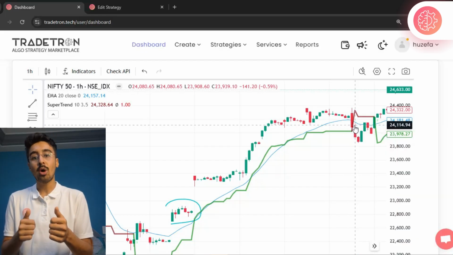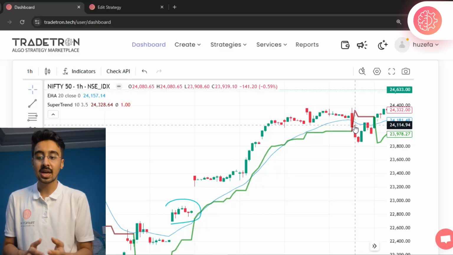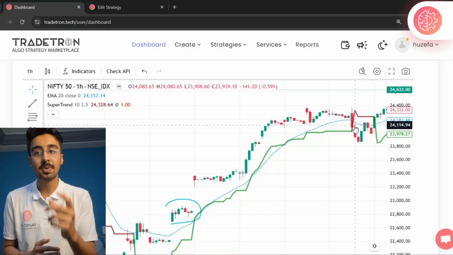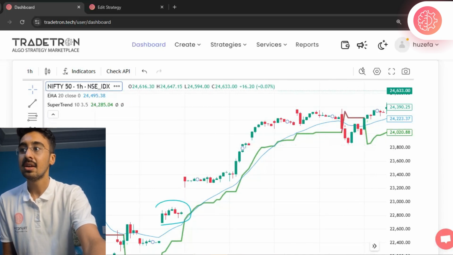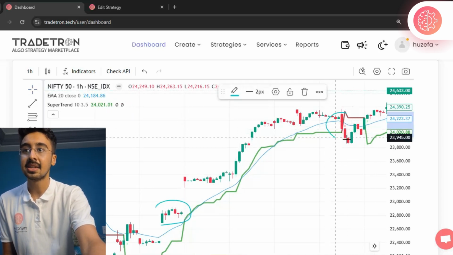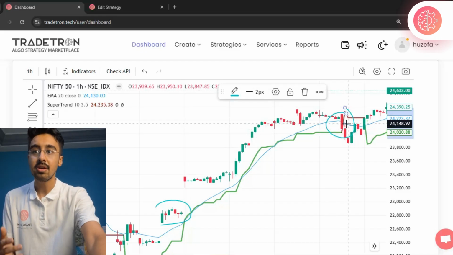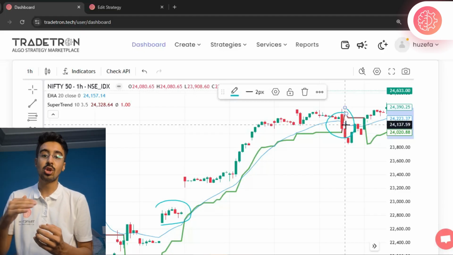The exact opposite is happening for our short entry. The short entry is looking at a close below 20 EMA. It is looking at the Supertrend color being red. For example, out here, if you see carefully, the exact same thing is happening. Our Supertrend color has changed to red and at the same time, our close is below the 20 EMA.